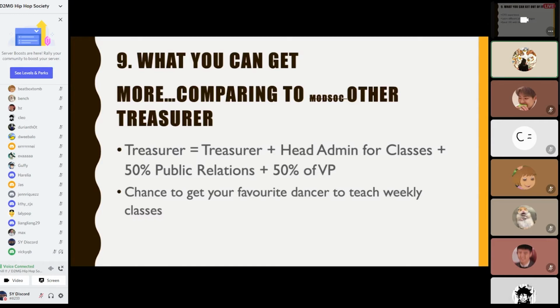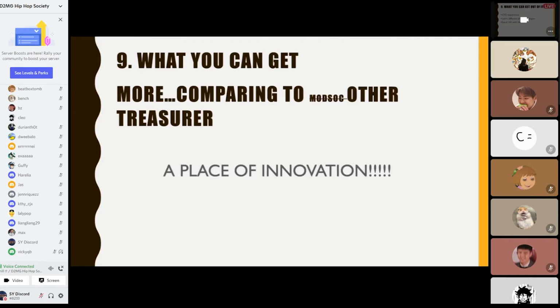But also, more importantly, this is a place of innovation. There are lots of different opportunities to take initiative and be creative about what events you want to hold, what pricing strategies and what business models you can choose for our events, and how you raise the profit.